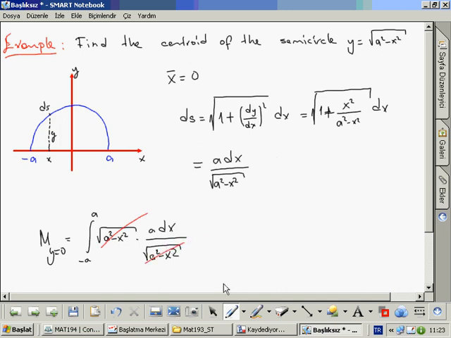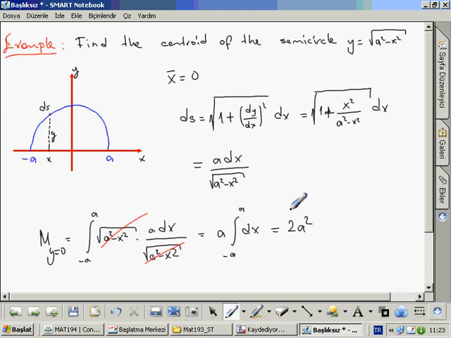This part will be cancelled again, and it's equal to a times the integral from minus a to a of del x, so it's equal to 2a squared.